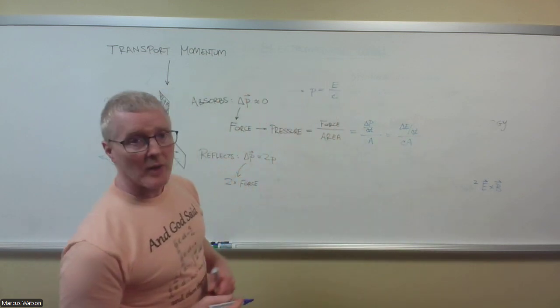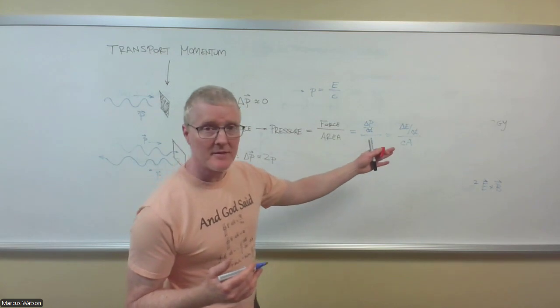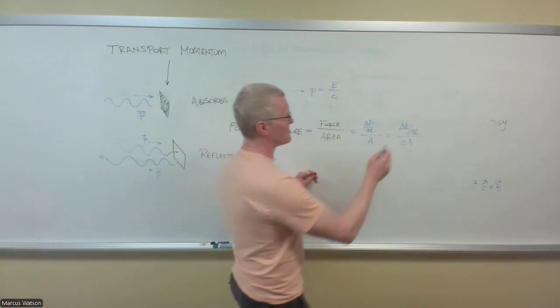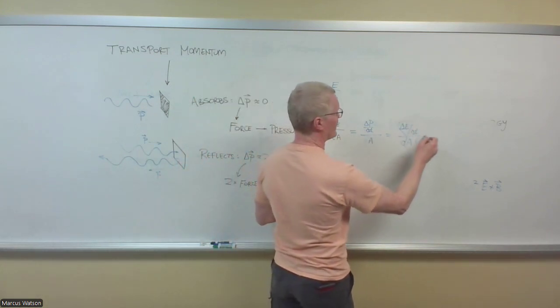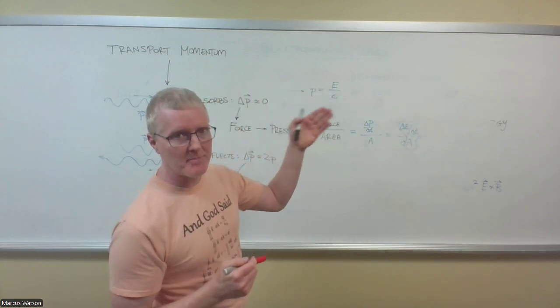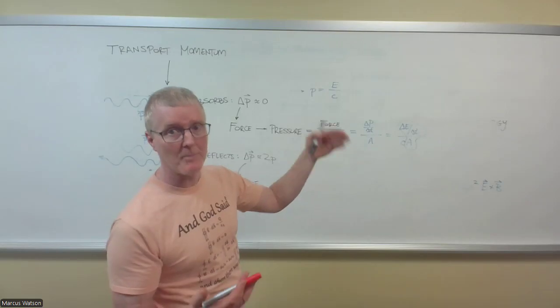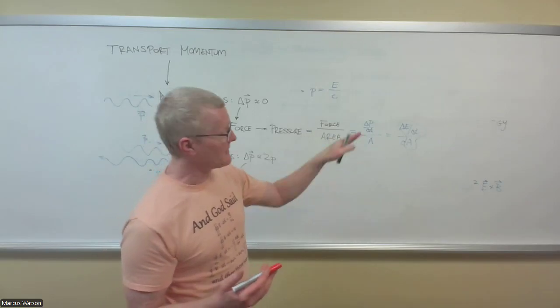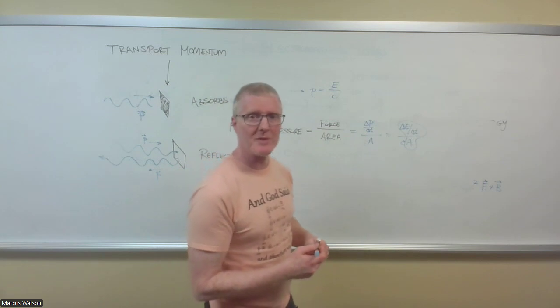Right? Well, I just erased the thing that we were talking about, which is basically this quantity right here. That quantity right there is the Poynting vector. It's the energy per time, right? It's the power per area. That thing is the Poynting vector. It's also referred to as the intensity.